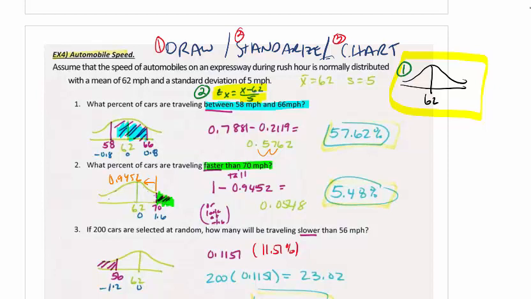Or I could use the negative 1.6 knowing it's symmetric, and I would have gotten the 0.0548 directly. So my answer, again, please be careful with moving your decimal places for the percent, is 5.48%, which should make sense. The tails should be small.